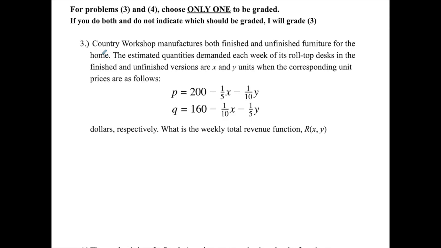This has to do with revenue functions. Country Workshop manufactures both finished and unfinished furniture for a home. The estimated quantities demanded each week of its roll-top desks in the finished and unfinished versions are X and Y units when the corresponding unit prices are as follows.